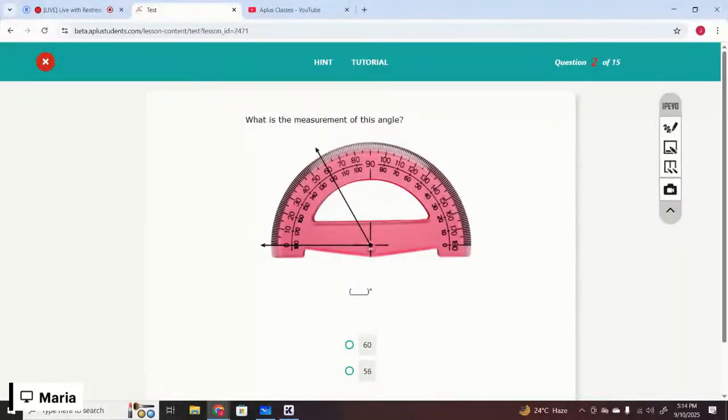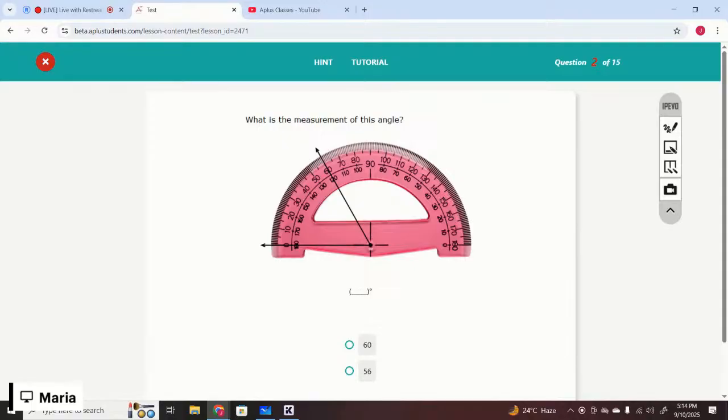What is the measurement of the angle? So one of the lines is lined up with a zero.